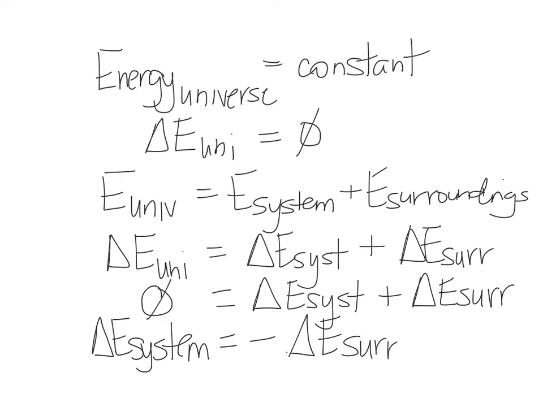So what this means is the quantity, the value, the number associated with the energy change is the same, but the sign is opposite, because if energy is released by the system, that means the surroundings absorbed it. This concept is going to be key to solving some of our mathematical problems in this unit.